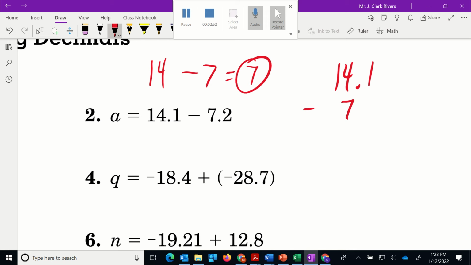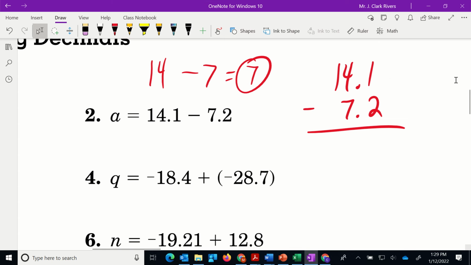14.1 minus 7.2. Make sure you line up the decimals, line up the tenths, the hundredths, etc. If you need to put any zeros going out to the right, go ahead and do that. 1 minus 2 can't do that. 4 becomes a 3. We got to borrow. 1 becomes an 11. 11 minus 2, we get 9.